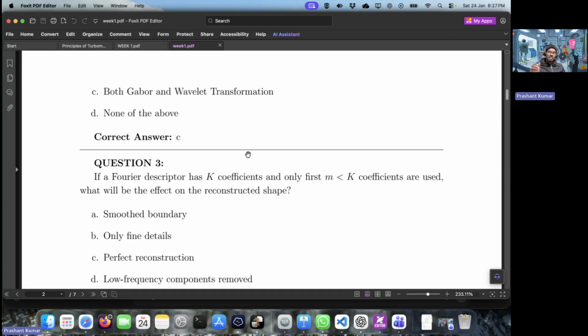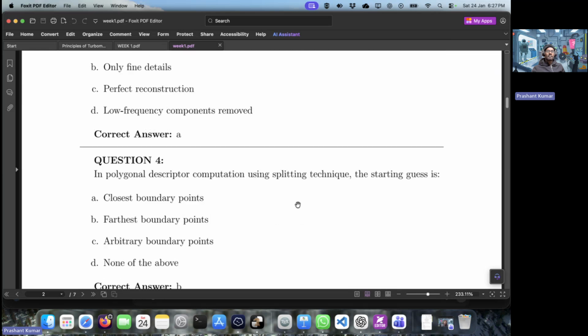You can achieve a certain accuracy with k frequencies or k coefficients, and then you use only m of them. Basically, you will get a smooth boundary, even though you are not able to use all these frequencies, so you will get a very smooth boundary, right?